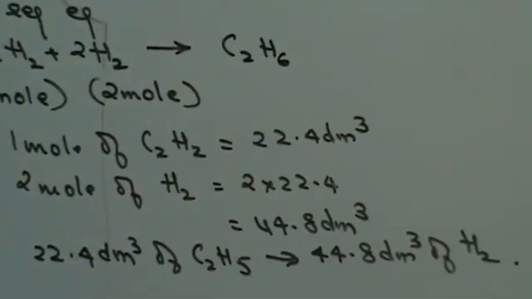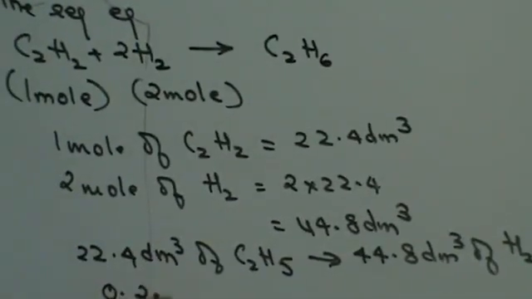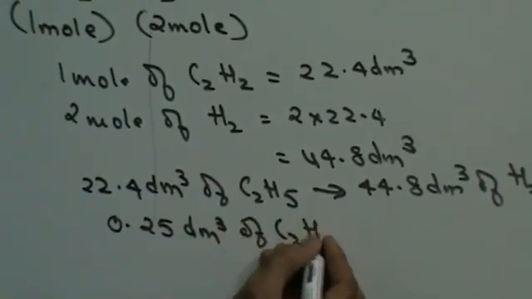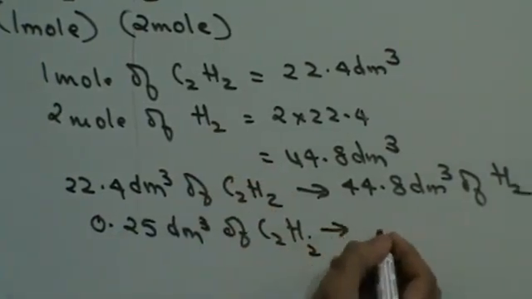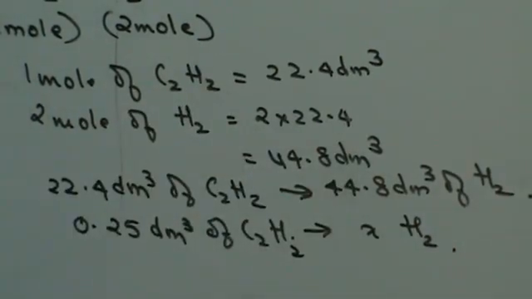They are saying calculate the volume of hydrogen required for 0.25 decimeter cube of ethyne gas. I have only 0.25 decimeter cube of ethyne, so how much hydrogen do I require? Cross multiply.